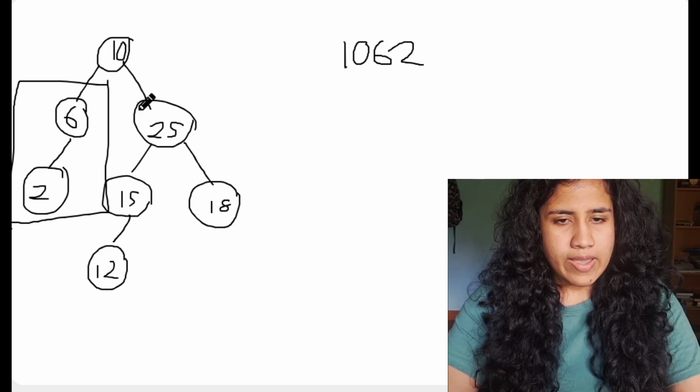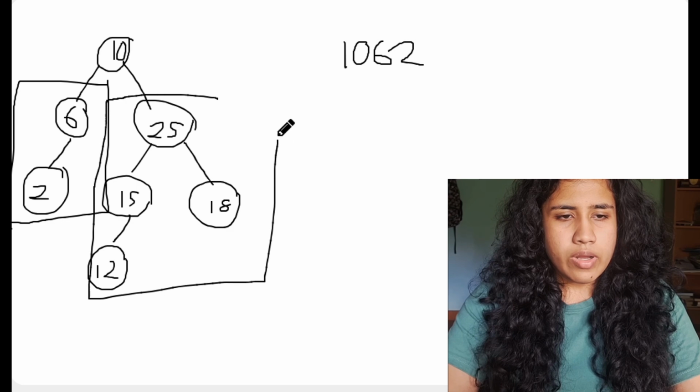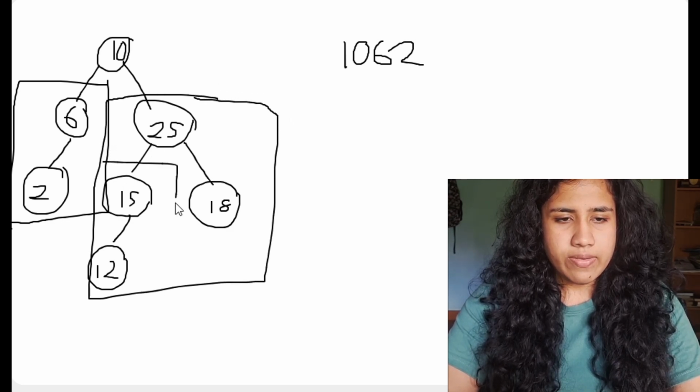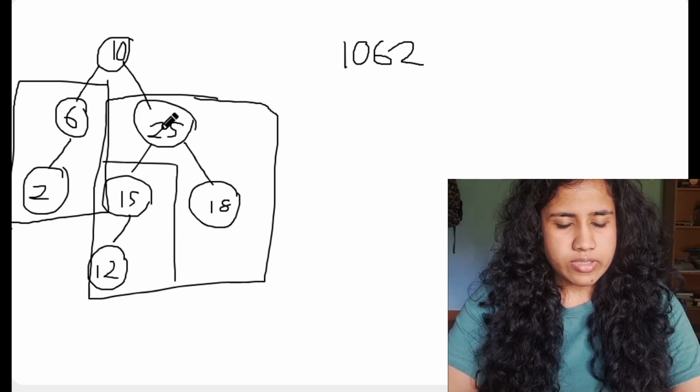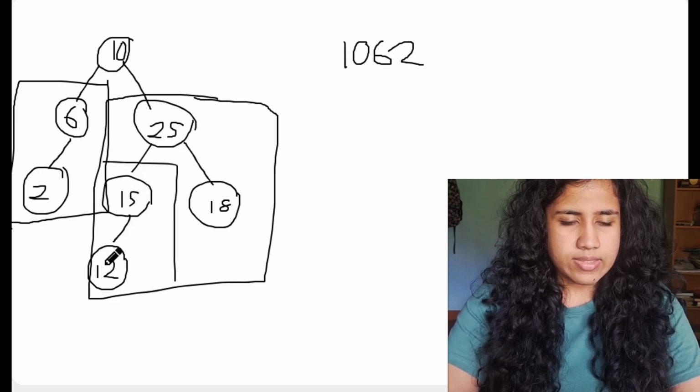So here we have 6 as the root node, then 2. Now we have to go to the right subtree. We have 25. This is another subtree, and you can also divide it into another subtree as well, like this.